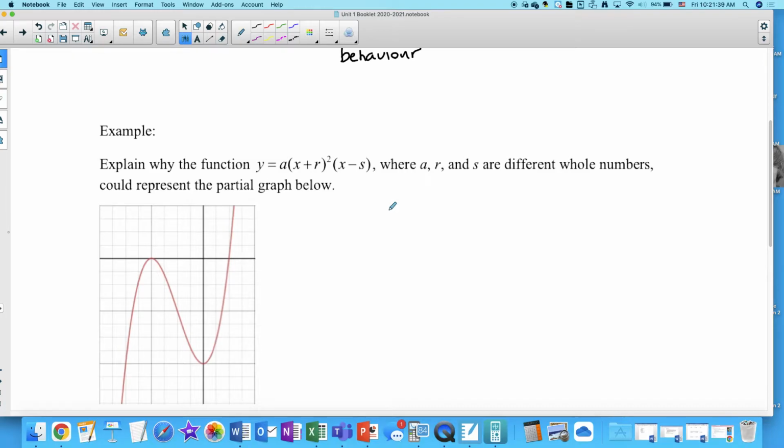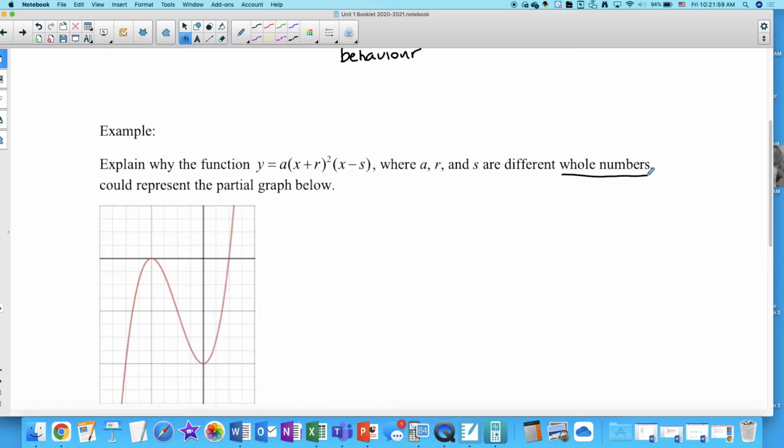Okay? The other thing we should pay attention to is "whole numbers," which indicates that a, r, and s should be positive. Okay? Whole numbers start at 0, 1, 2, 3, 4, 5, etc.